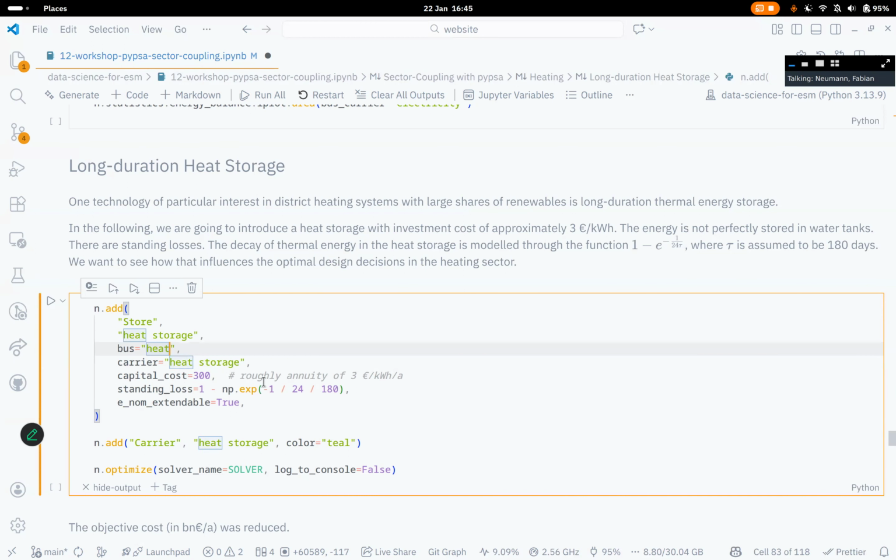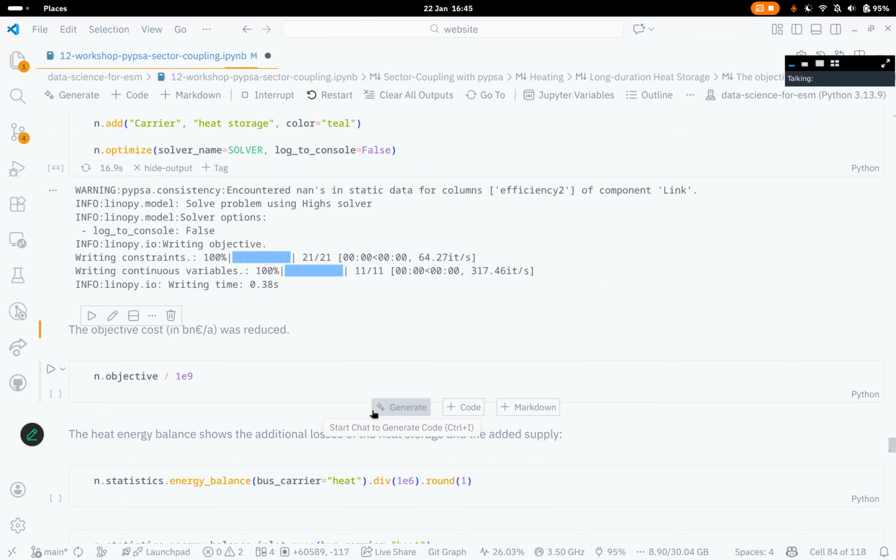So this is set up so that after half a year, the SOC reduces to half if it was completely full at the beginning of the half year. We can add this component and solve this again, and if it is attractive to the model to build this technology, the cost that we should see at the end should be slightly cheaper.